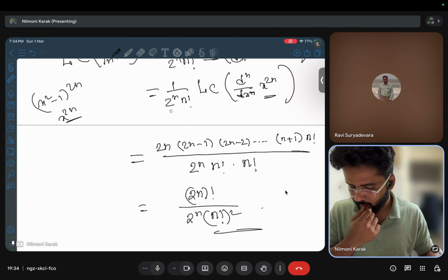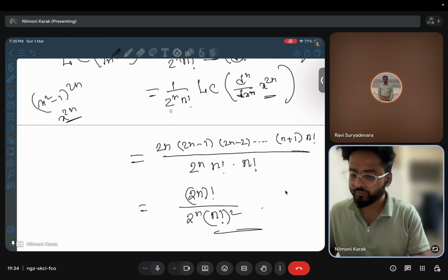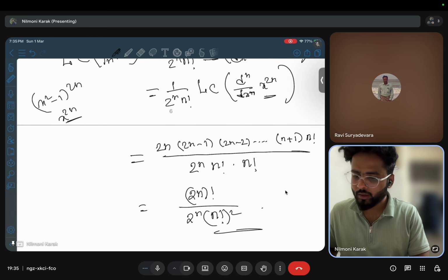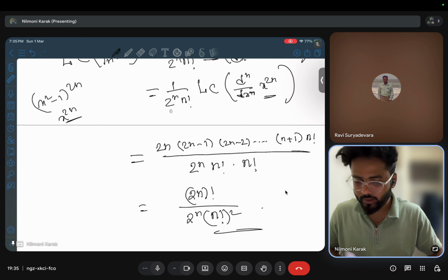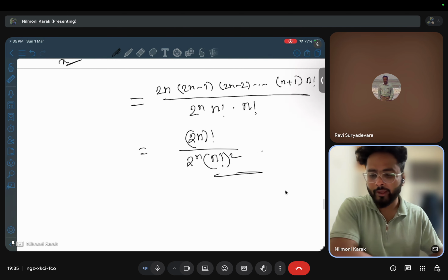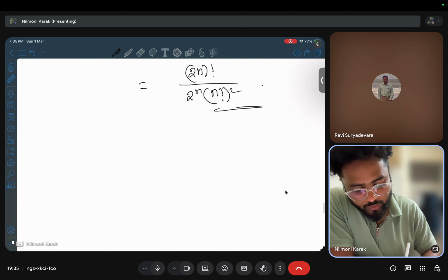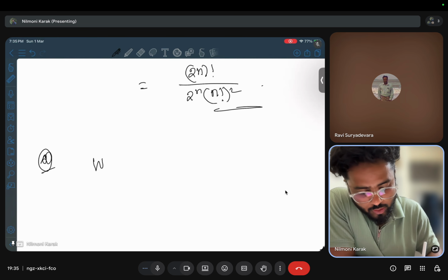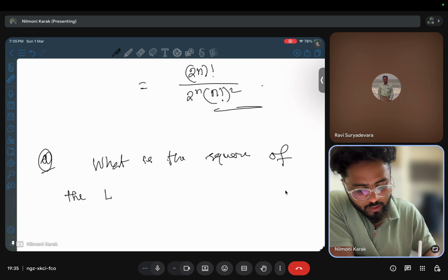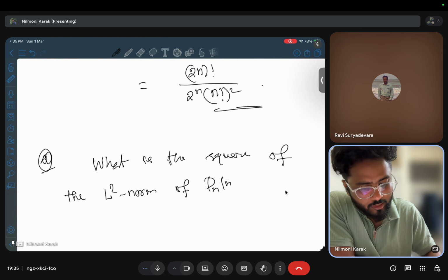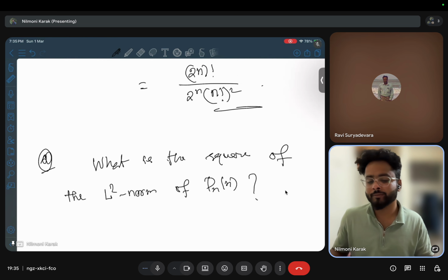Okay, now we will try to see one thing. The question is, what is the square of the L2 norm of Pn(x)?